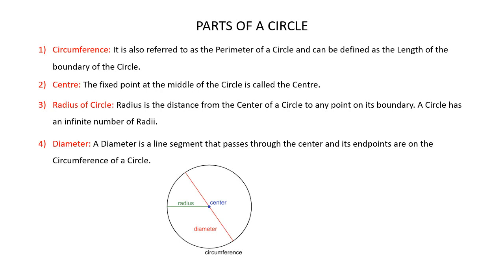Now supposing we consider this point on the boundary of the circle, then the distance from the center of the circle to this point on the boundary of the circle is the radius. Now since there are an infinite number of points on the boundary of the circle, a circle has an infinite number of radii.